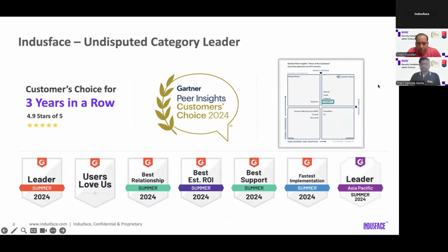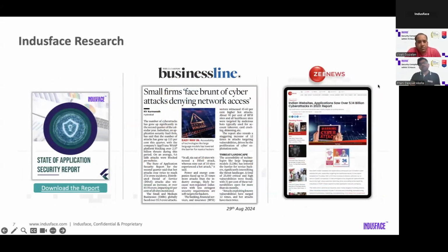Then on the Aptrana network, we process trillions of requests every quarter, and based on that data, we publish the State of Application Security report, where we talk about what attacks are being employed by hackers to target your websites, APIs, and mobile apps.